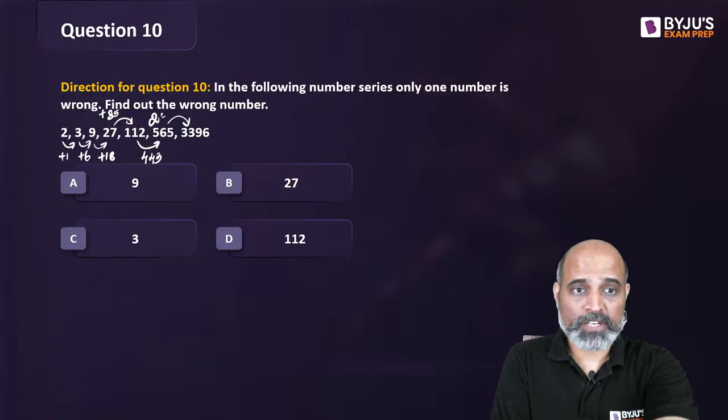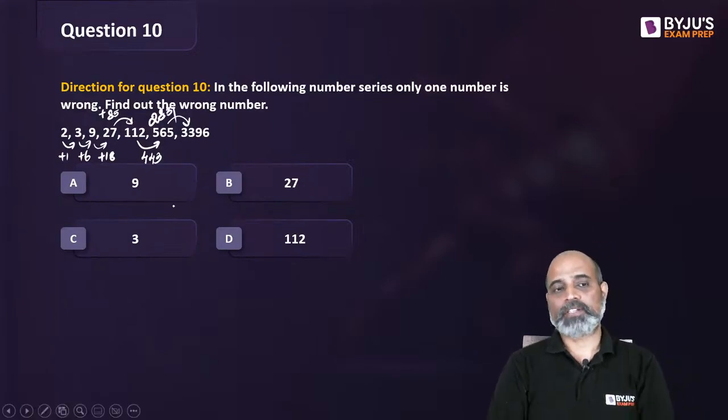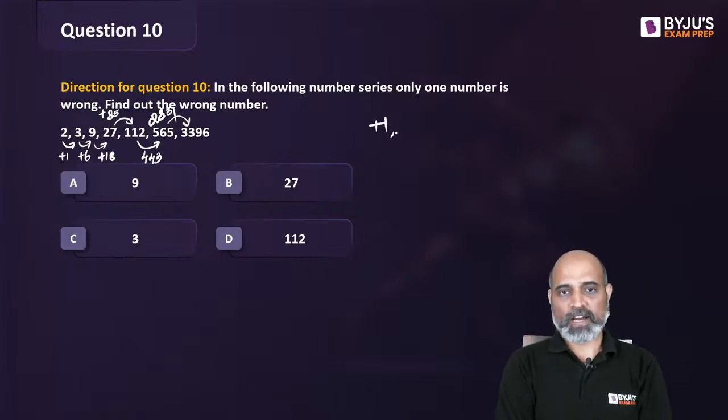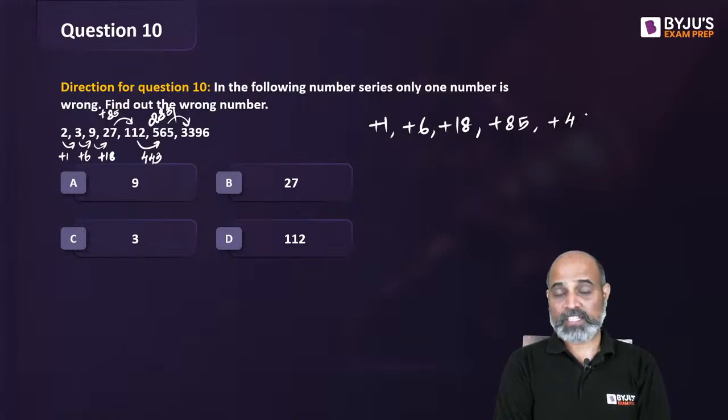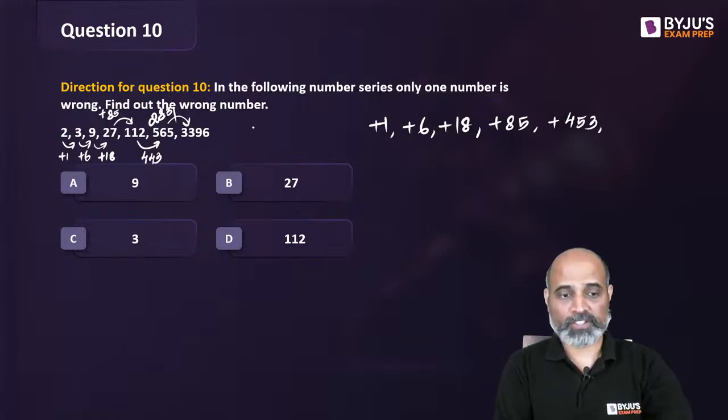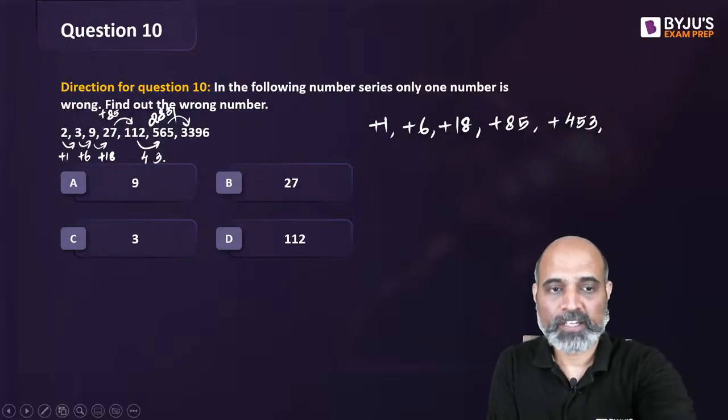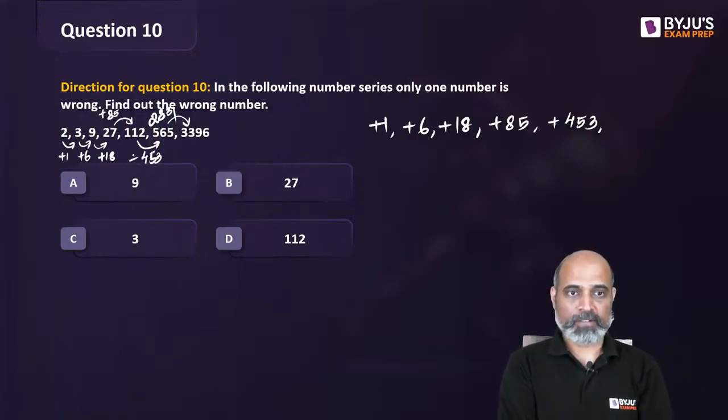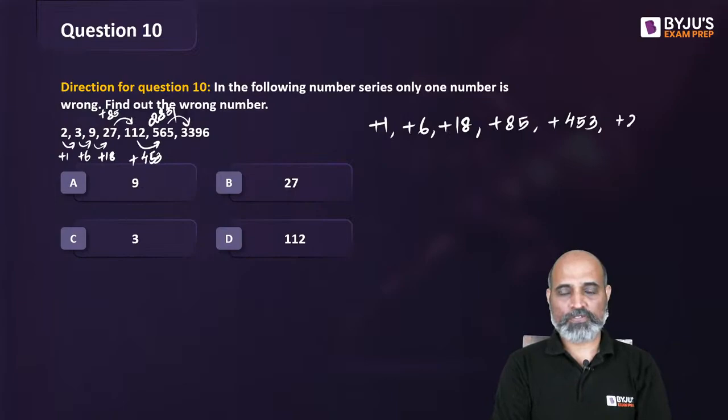So this is going to be 2831. So there is a change of 1, then a change of 6, a change of 18, a change of 85, a change of 453, sorry, not 443, this is 453. And then there is a change of 2831.